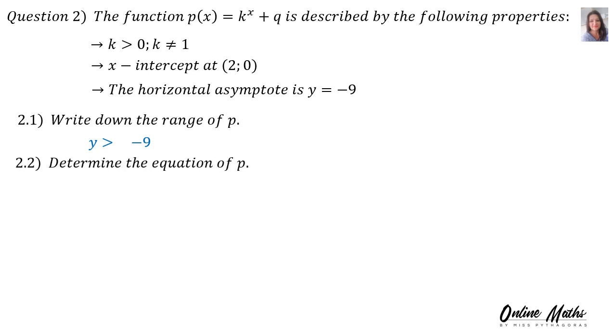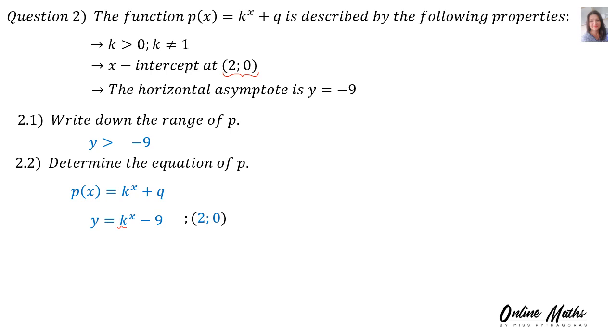Question 2. Determine the equation of p. Now, we know how to do that. We start with p of x is equal to k to the x plus q. And we know q is the horizontal asymptote, so in this case it's -9. Then we need to find a value for k, and this is why they gave us one other point, although it's the x-intercept, as long as the point lives on the graph.